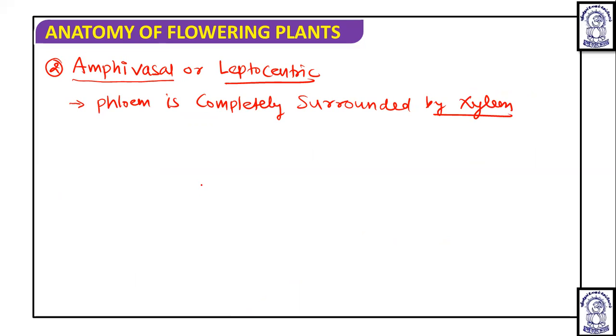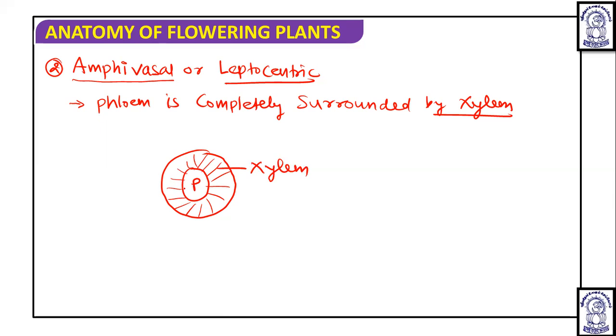So suppose this is the phloem, then on the outer side it is going to be completely surrounded by xylem. So leptocentric, lepto means phloem is in the center, or phloem is present in the center of the vascular bundle, then it is known as amphivasal or leptocentric.